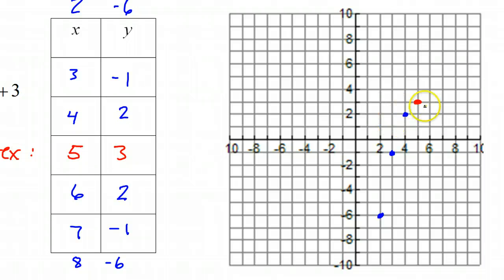And then everything repeats after that, like so. Alright, so we have a nice field of points. So your graph should have looked something like this. Okay, there it is.